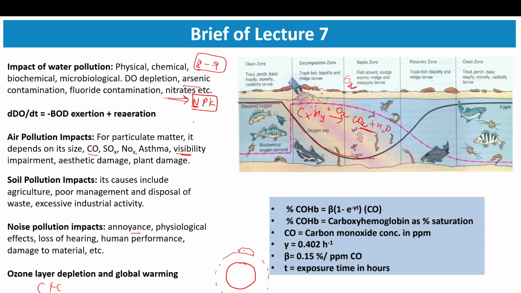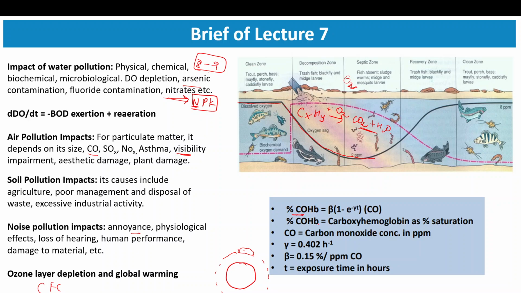For example, if we inhale air containing carbon monoxide, it has the tendency to react with hemoglobin and form carboxyhemoglobin, and the oxygen carrying capacity of such hemoglobin reduces.